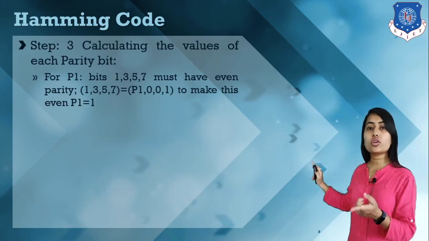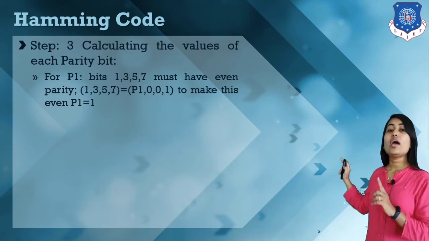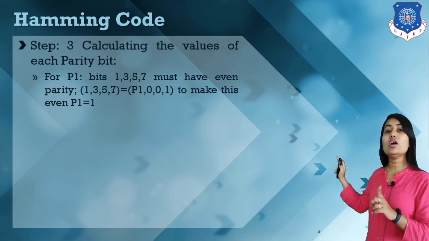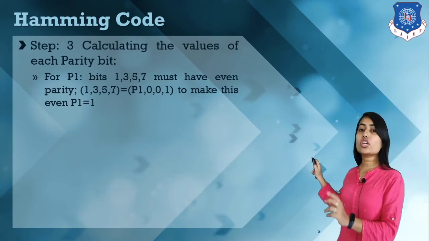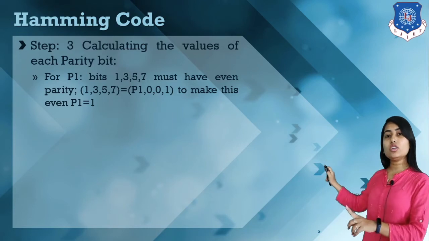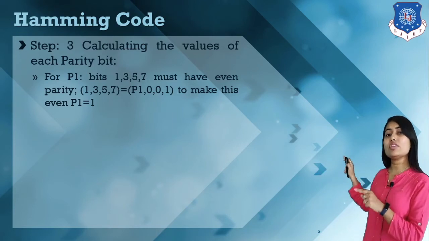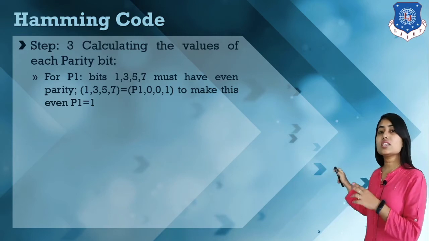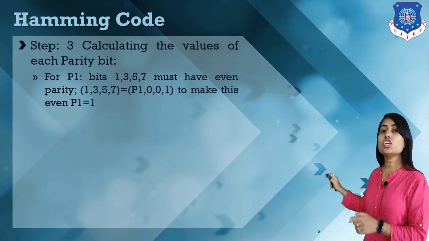So at the first location we have P1, at the third location we have a 0, at the fifth location we have a 0, at the seventh location we have a 1. These values are written from the table. Okay, so here we have P1, 0, 0, 1.